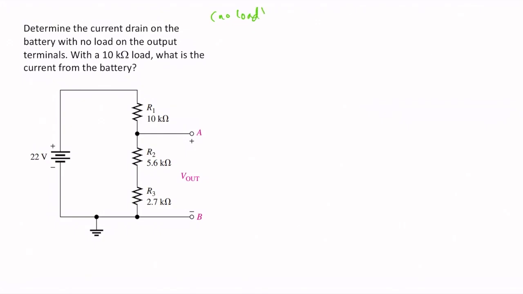First, when there's no load, this means that we don't consider the effect of the output voltage, and we simply take the current to be equal to the voltage source divided by the equivalent series resistance. So the current is solved easily by taking 22 volts and dividing it by 10 kilo ohms plus 5.6 kilo ohms plus 2.7 kilo ohms.